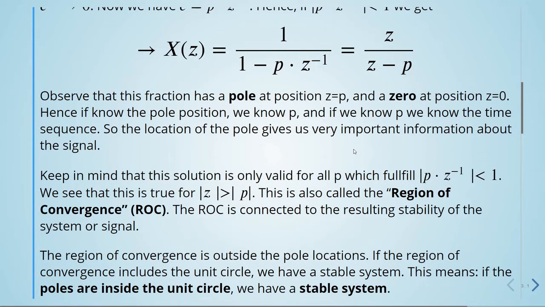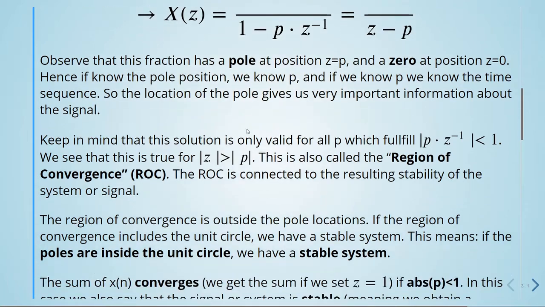But keep in mind that this solution is only valid for all values of p which fulfill the rule that the absolute value of p times z to the power of minus 1 must be smaller than 1. So this is true for the absolute value of z greater than the absolute value of p, and this is also called the region of convergence.